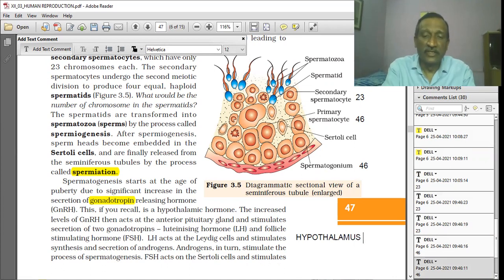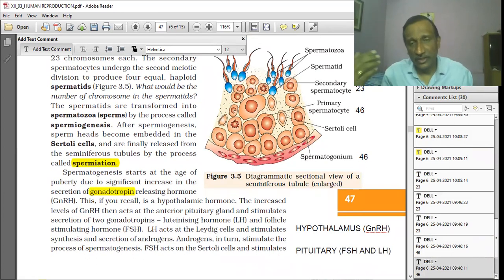Hypothalamus secretes GnRH, gonadotropin releasing hormone, that will work on the pituitary, and the pituitary will secrete FSH and LH. Now FSH and LH will go to the testes, where they will act.